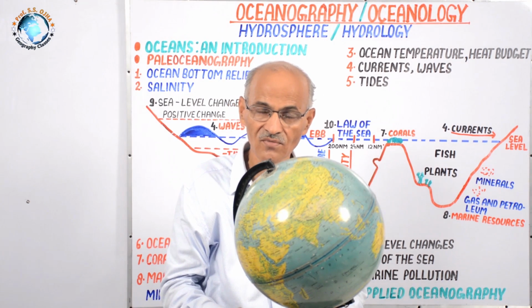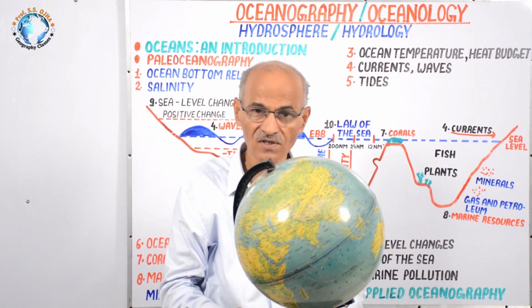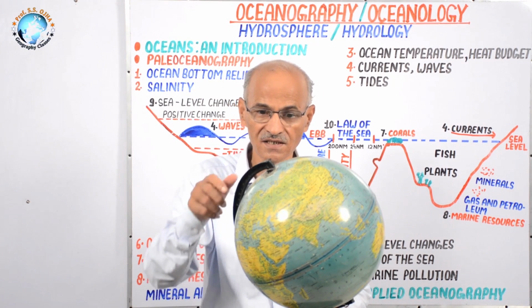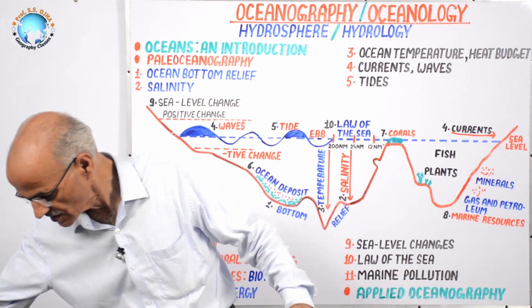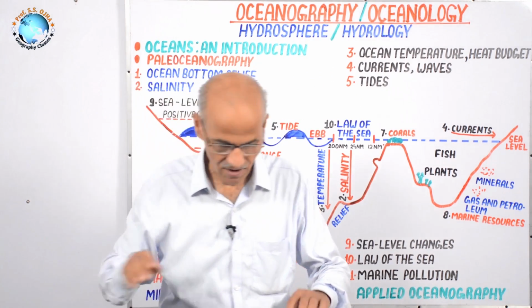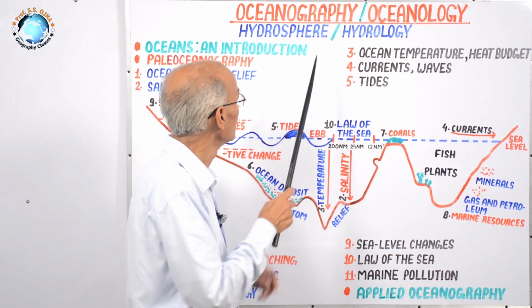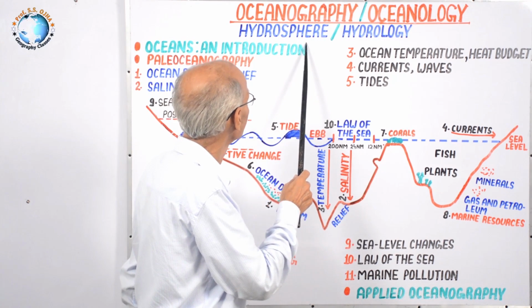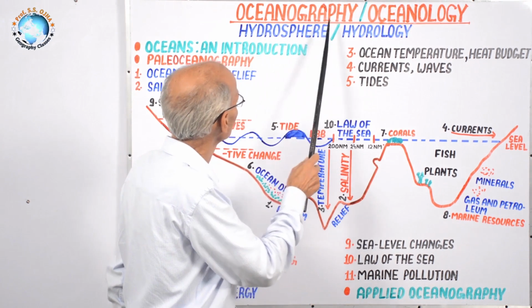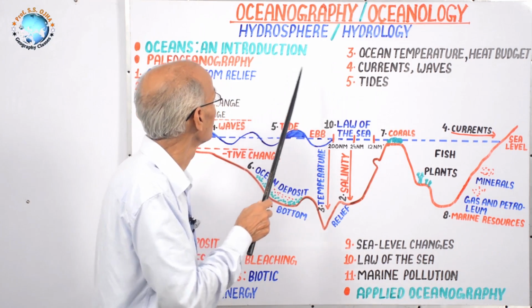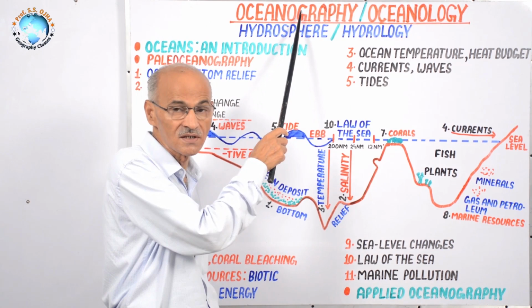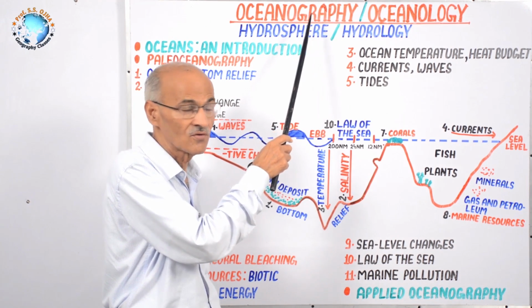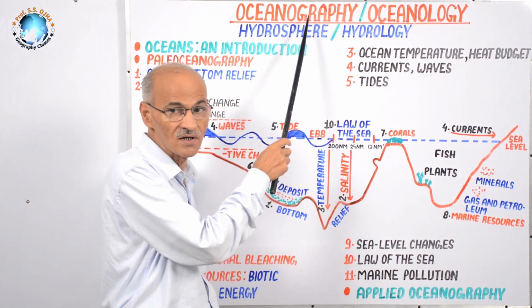At the same time, water is found in the atmosphere in gaseous state. That's why hydrosphere is the scientific study of water in all states everywhere on the earth, while oceanography is a part of hydrosphere, wherein we concentrate on the study of ocean basin water.